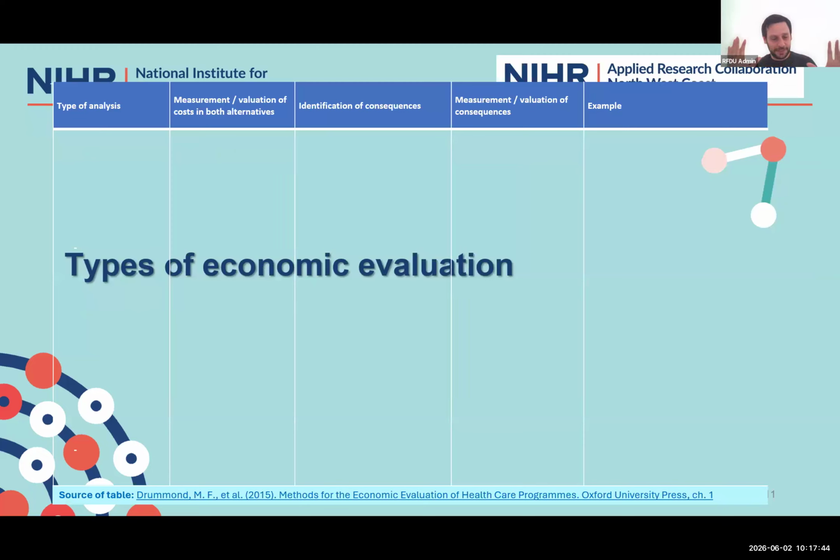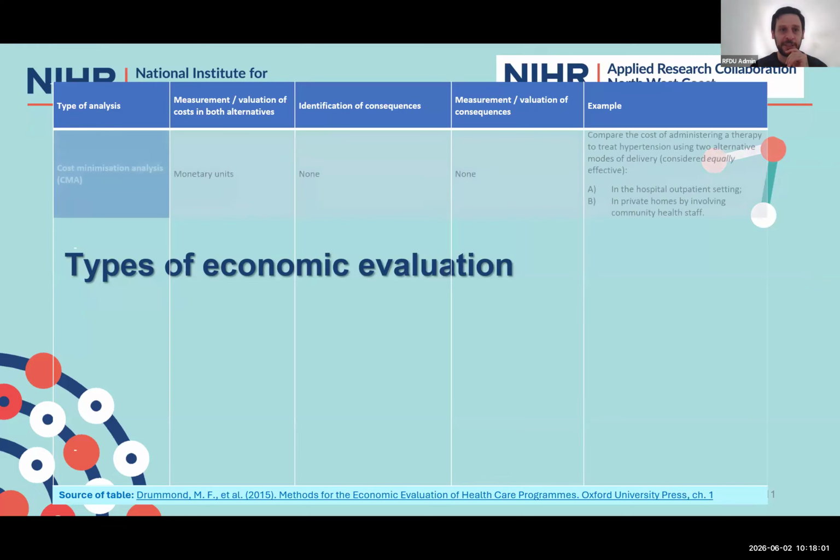This is quite a big table with a lot of information, and I'm going to try to go through each economic evaluation one by one, but I'll try to focus more on the two main types of economic evaluation. So, starting from probably the simplest type of economic evaluation is cost minimization analysis.